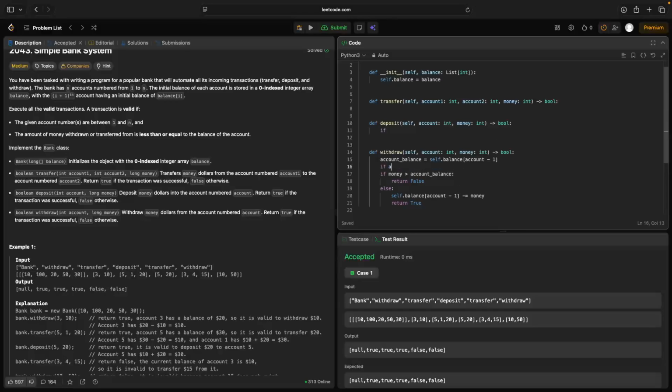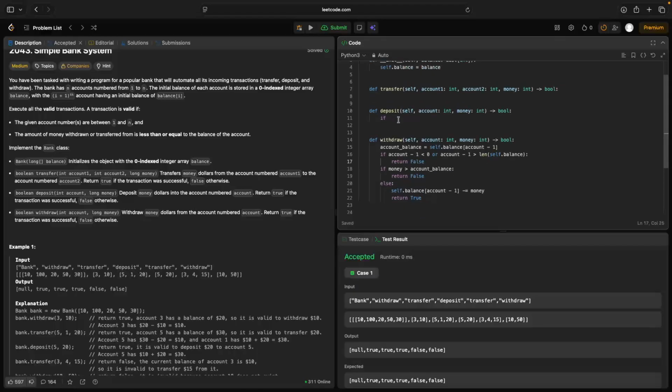So if account minus 1 is less than 0, or account minus 1 is greater than the length of self.balance, then we know that it's outside of that range. We can return false.